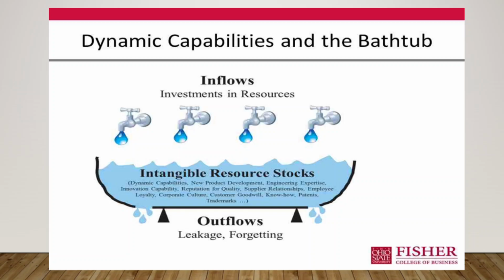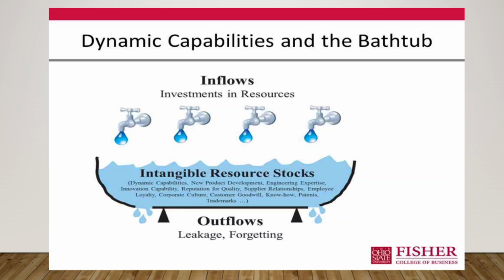So, the amount of water in the bathtub indicates a company's level of a specific intangible resource stock. So, like for example, nandito yung dynamic capabilities, new product development, engineering expertise, innovation capability, reputation for quality, and so on.